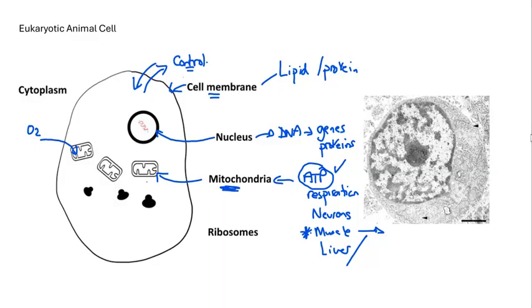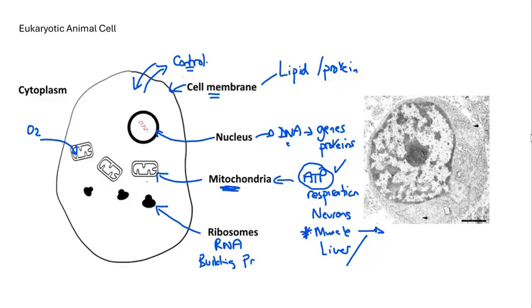Also within the cell are the structures which are called ribosomes, and these are constructed from what is called RNA, which is ribonucleic acid, similar to the DNA nucleic acids. And the ribosomes are responsible for the building of proteins.